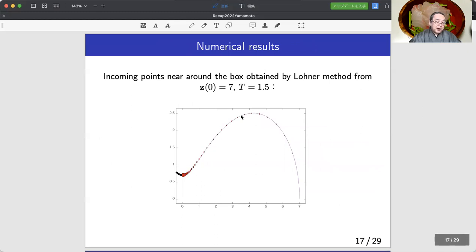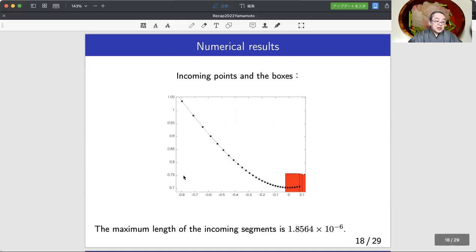These are incoming points near the box obtained by the Lohner method from Z0 equals 7 and T equals 1.5. These are boxes obtained by the Lohner method, and these are incoming points starting at this point.